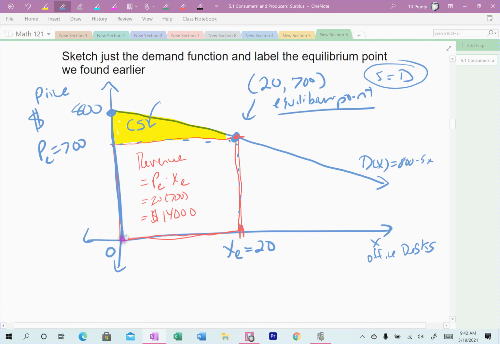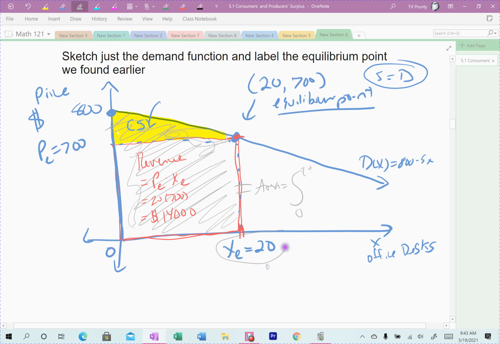But remember, an integration would find, so let me do a different color. If I found this total area here, all the way up here, well, that total area, this gray area, would be equal to the integration from 0 to 20, my x term, of my demand function. Now, that's not the area I want.